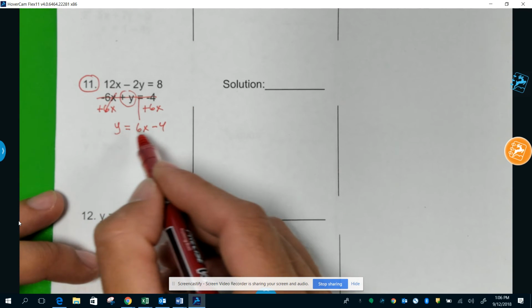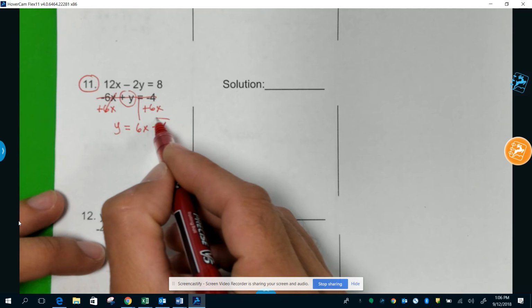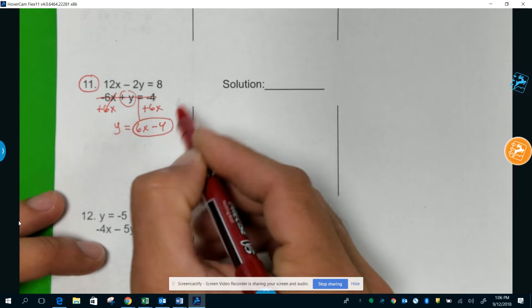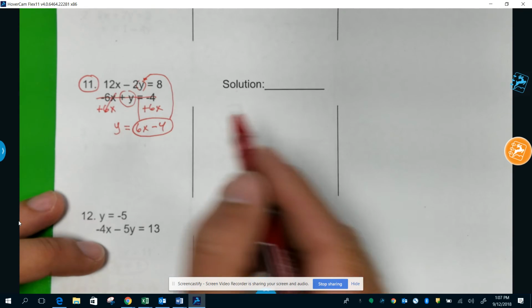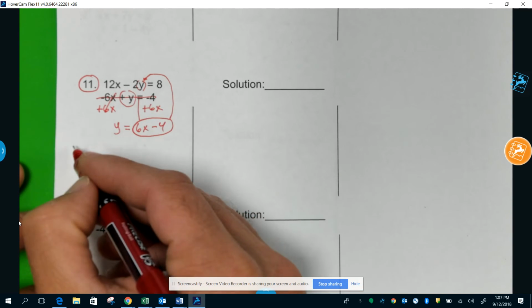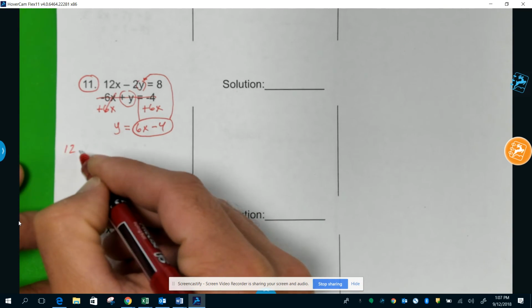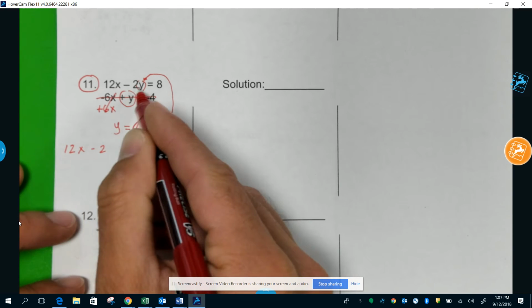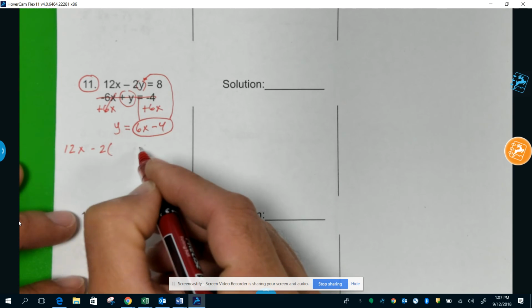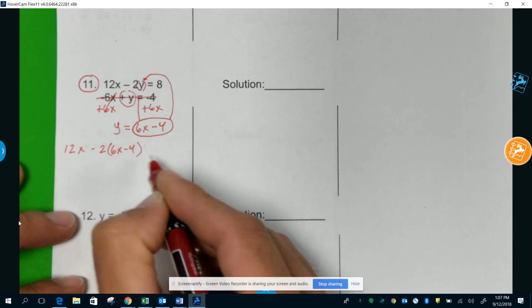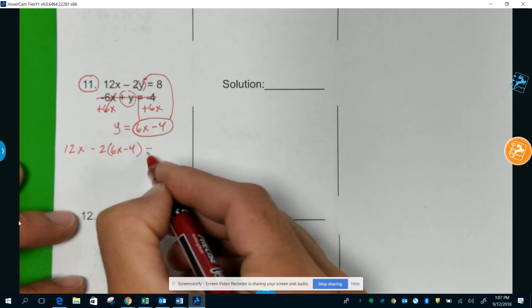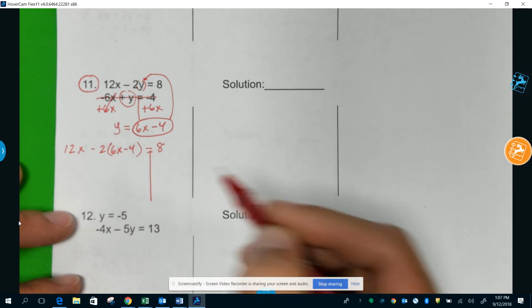So now that I have an equation that says y equals, I will substitute this information into the other y value. Again, use parentheses. So when I rewrite that top equation, it'll say 12x minus, it's not going to say 2 times y anymore. It's going to say 2 times, I'm substituting 6x minus 4 in for that y value, equals 8.